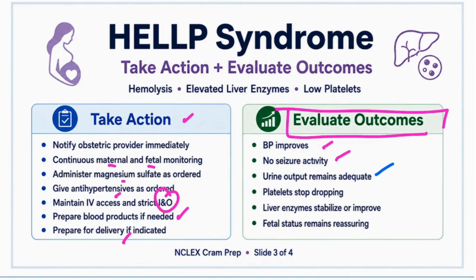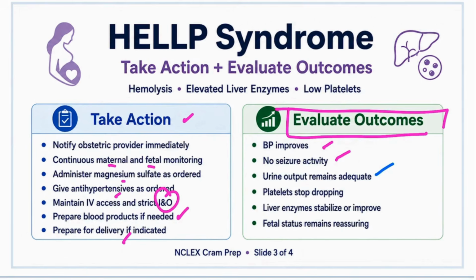If platelet count continues to fall and liver enzymes continue to rise and urine output continues to decrease or fetal status is worsening, the condition is not improving and further intervention is needed.